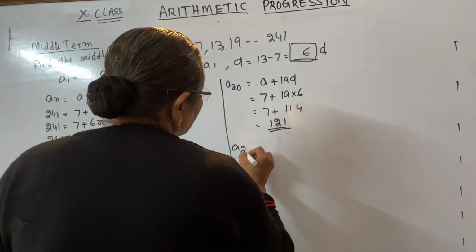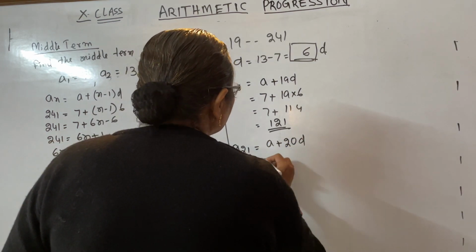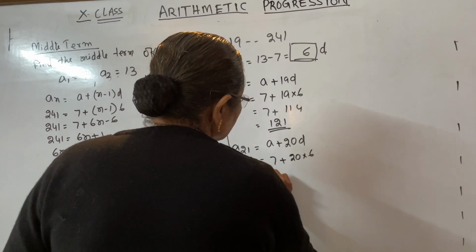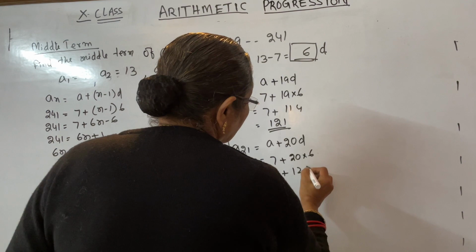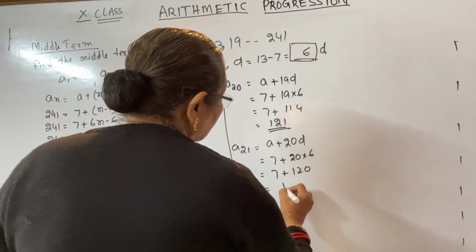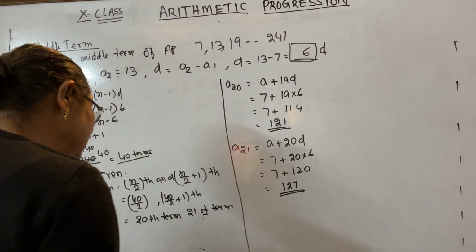Then A21 equals a plus 20d, a is 7, plus 20 into d, which is 6, so 7 plus 120 equals 127.